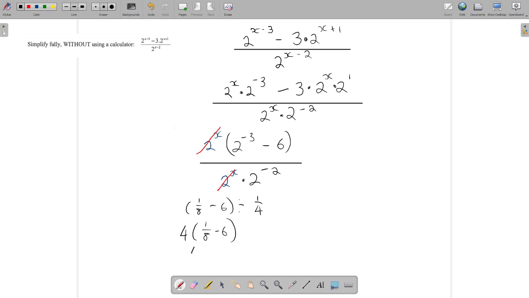So that would be 4 over 8 minus 4 times 6. Okay, 4 over 8 minus 24 is minus 23 and a half, and that will be my final answer.